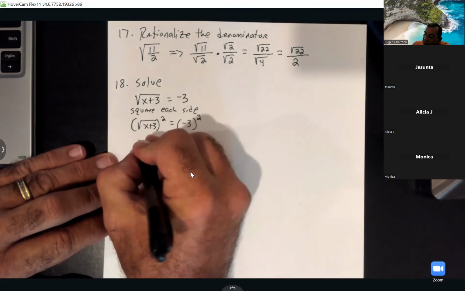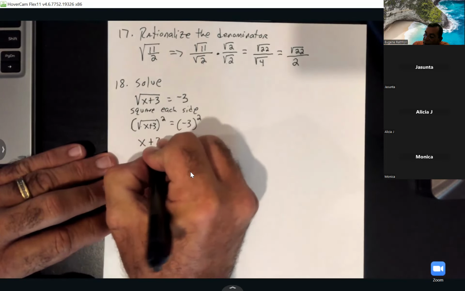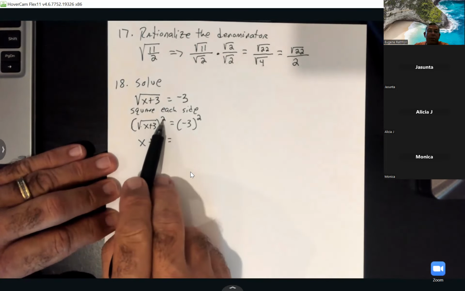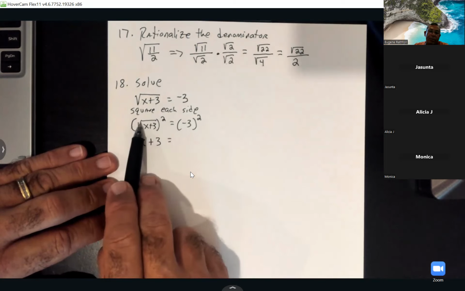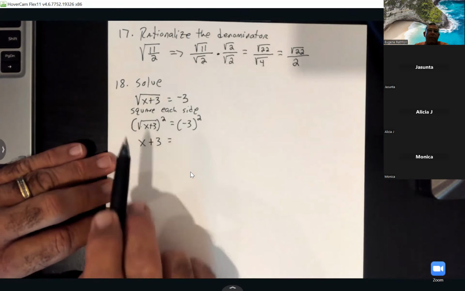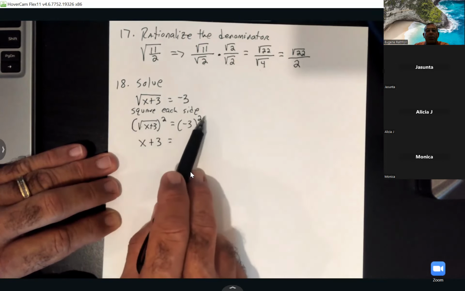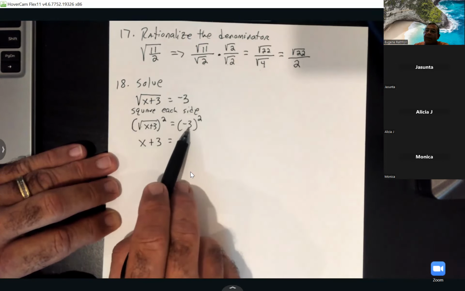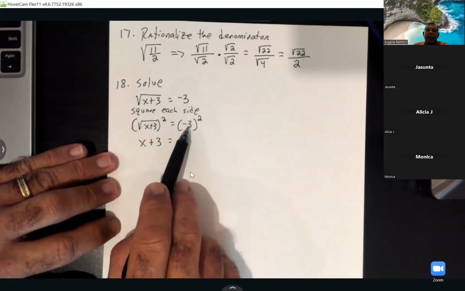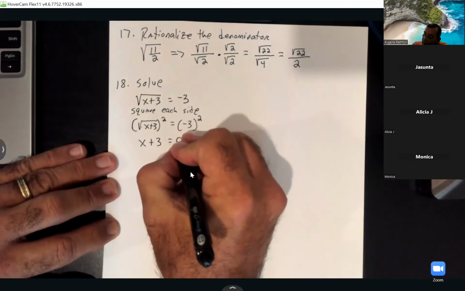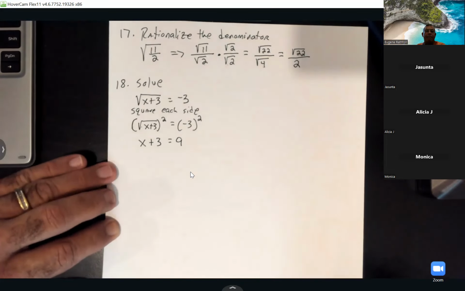All that's left is the x plus 3. So the exponent of 2 cancels out that radical, okay? Now, on the right side, you got a -3 and you're squaring it. Remember, negative times negative is a positive. So -3 times -3 gives you a +9.